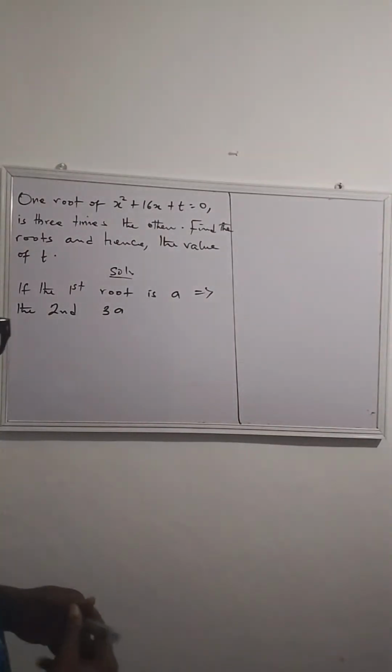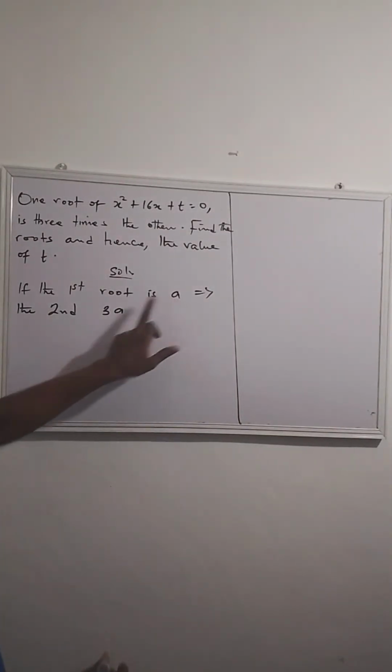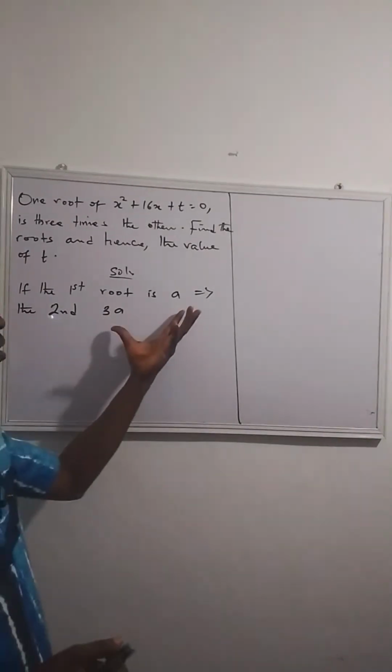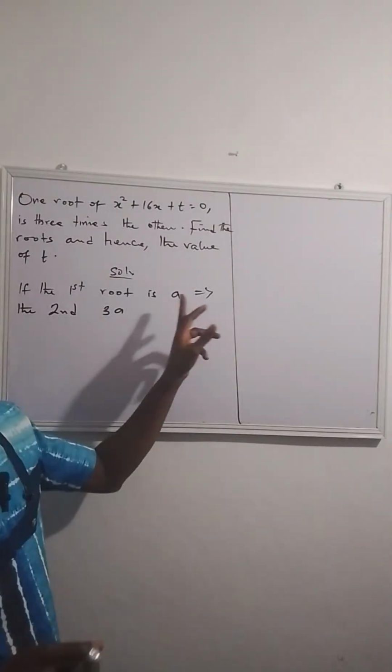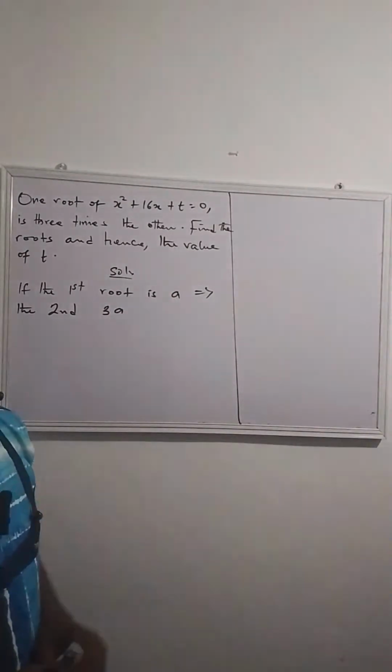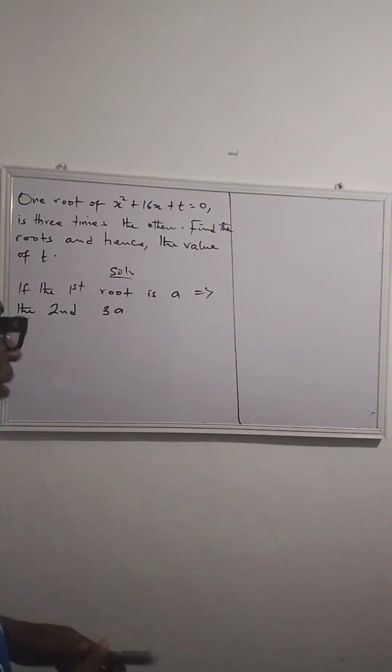You get that now? If the first is a, the second is going to be 3a. So now let's get the quadratic equation whose one root is 3 times the other.